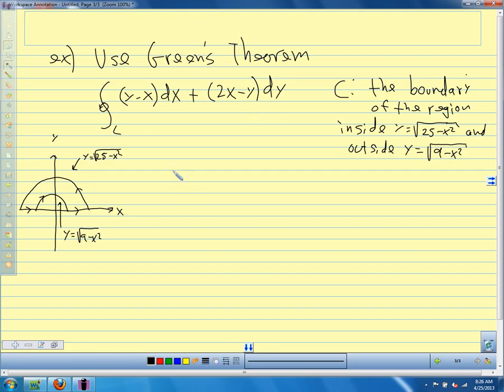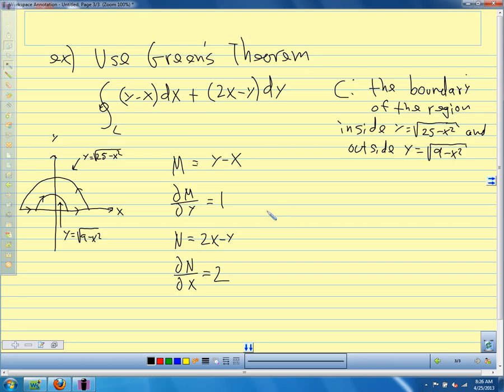So for Green's theorem, what is M in our line integral? M is y minus x. So dM/dy is what? 1. And N is 2x minus y. dN/dx is just 2.